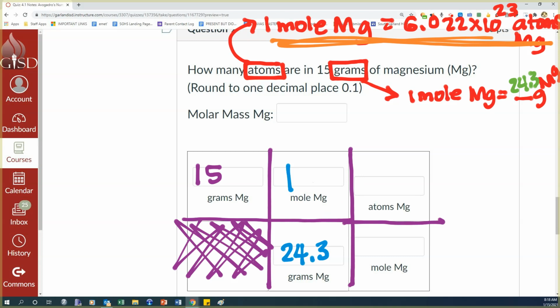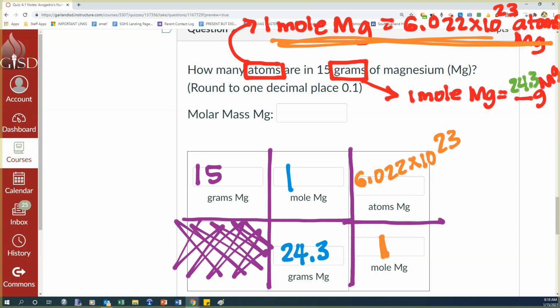Where do we put 1 mole? It's going to be at the bottom, because boxes across diagonally must have the same unit. So what goes to the top? It's the 6.022 times 10 to the 23rd power atoms of Mg.